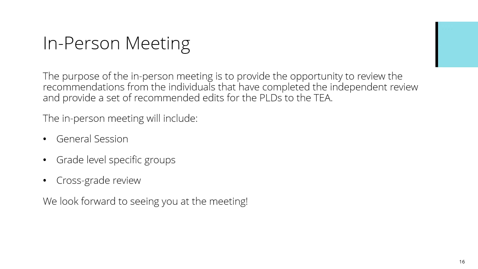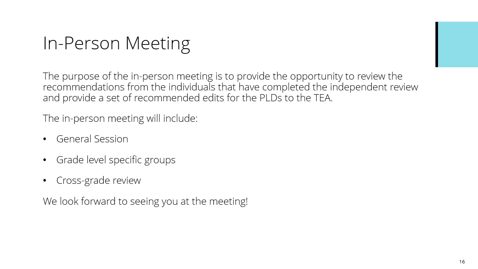Then, majority of the day will be spent in grade level specific groups where you will have the opportunity to review and discuss the recommendations from the different individuals that have been completing the independent review over the next 2 weeks.